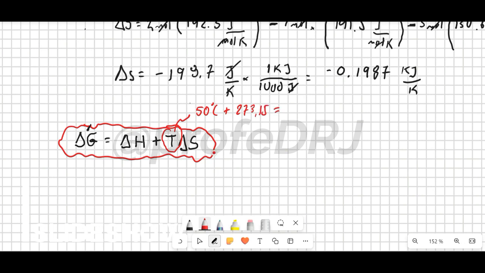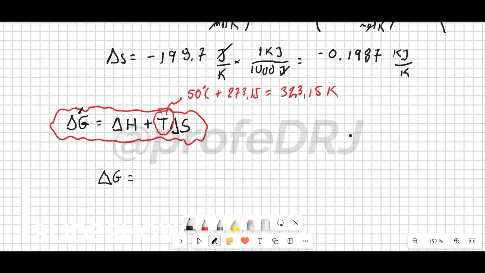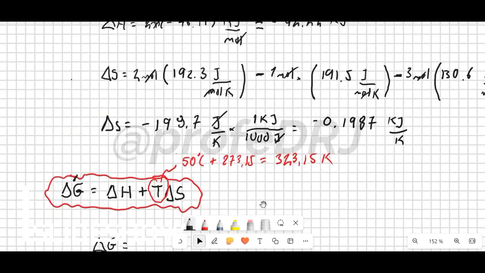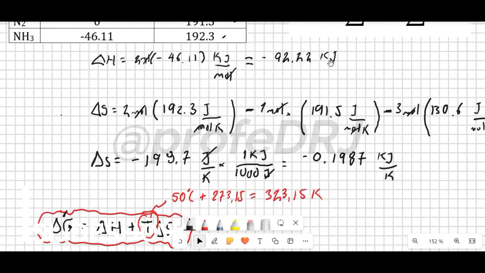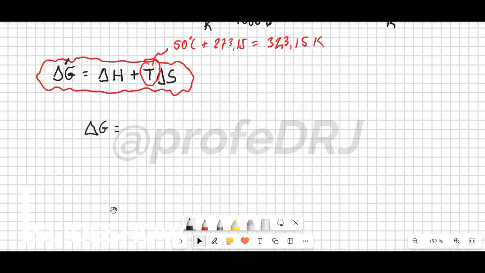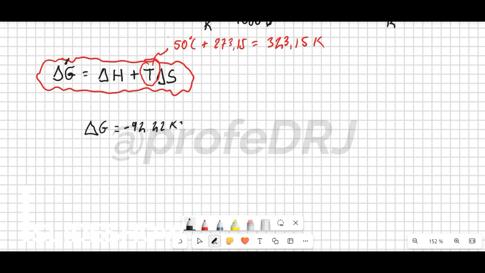So we're going to take 323.15 Kelvin. Now, where is the value of delta H? It is here. So let's write minus 92.22 kilojoules. Yeah, no more.